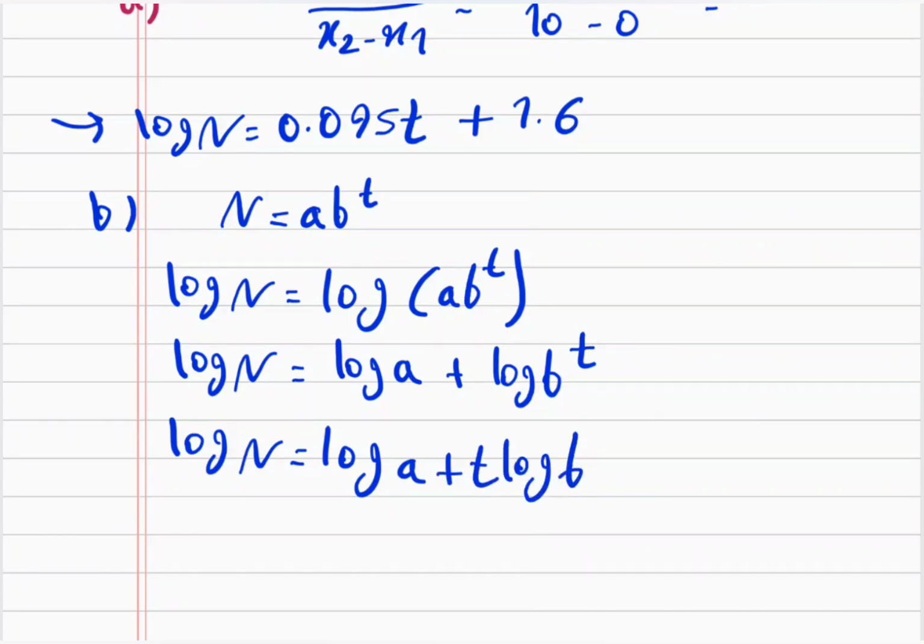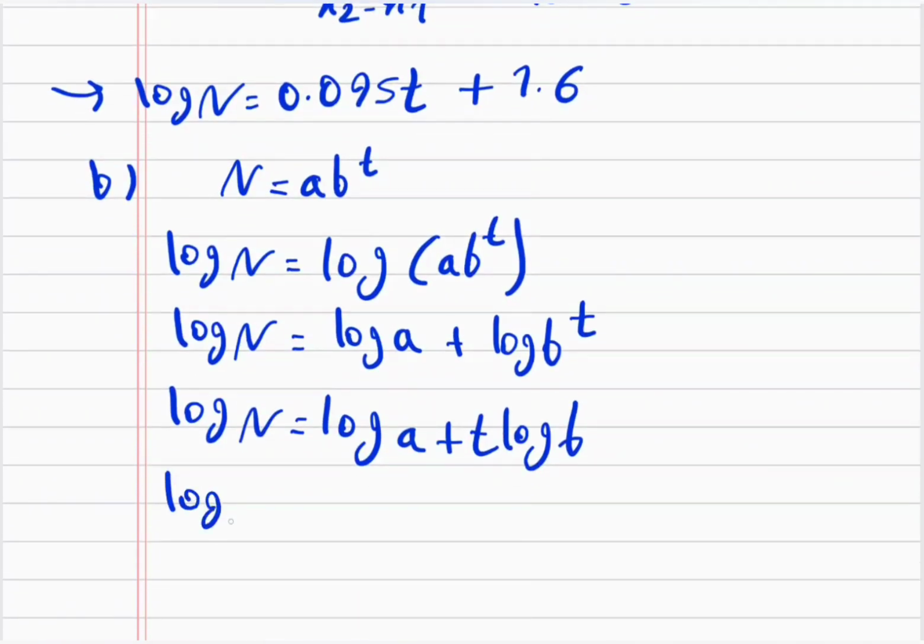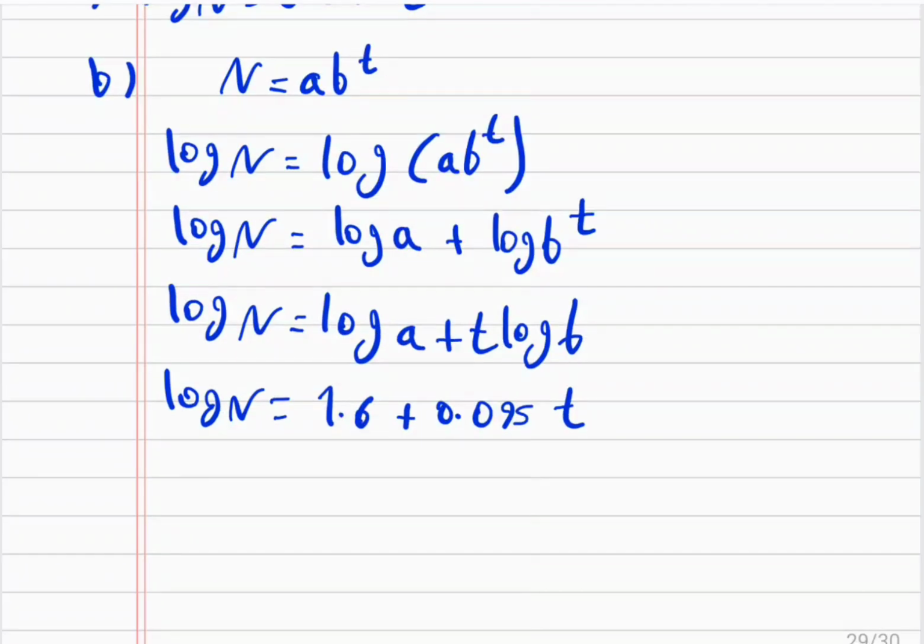Okay, now remember that from part A we also got the equation log n is equal to, actually let's rewrite this as, 1.6 plus 0.095t. To solve this, we equate the coefficients. So remember that this 1.6, which is the y-intercept, is equal to log a.